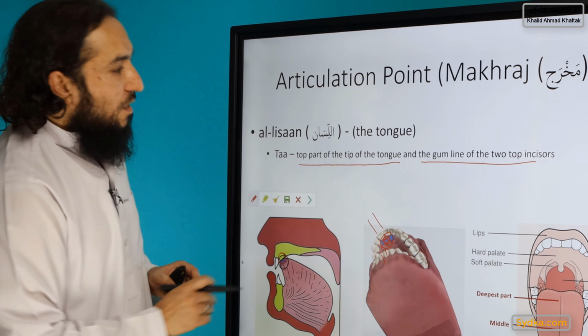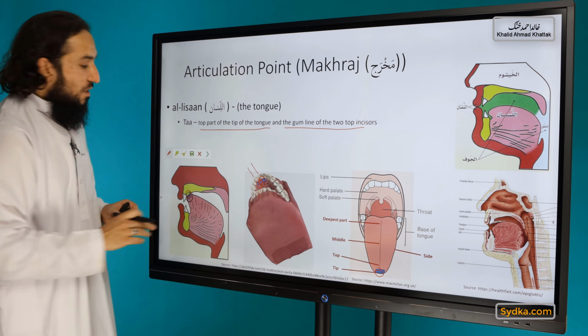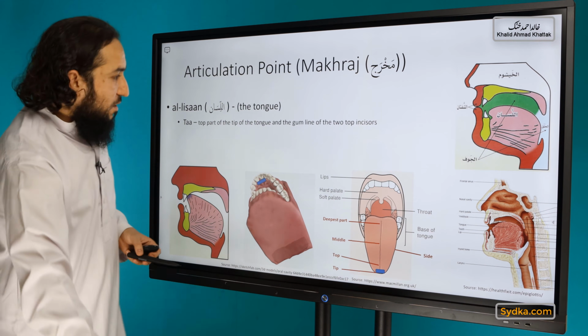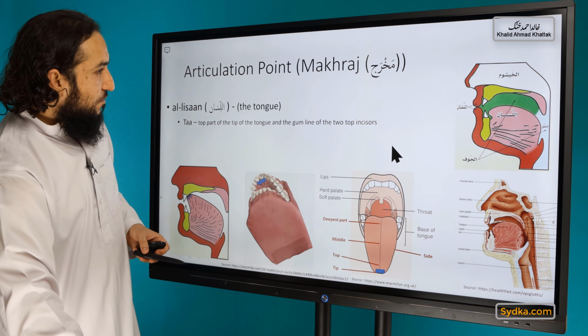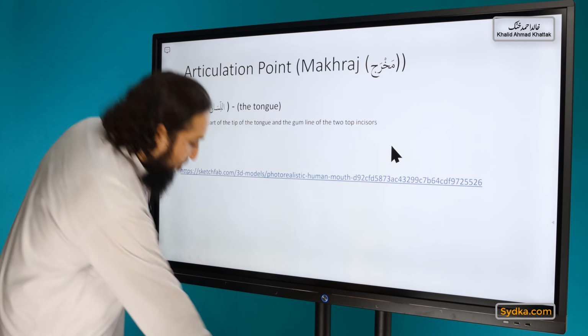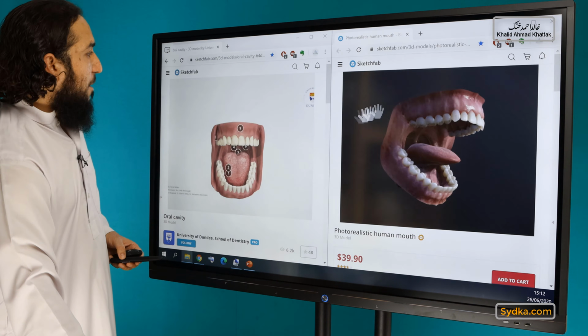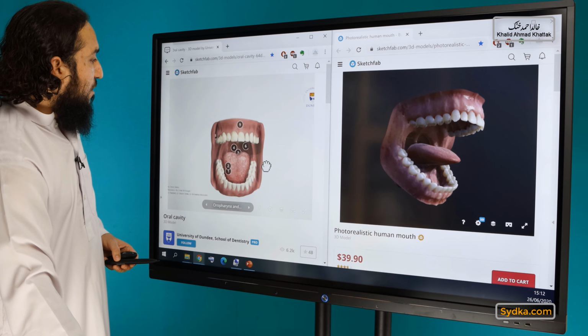Let me explain further with the 3D model.